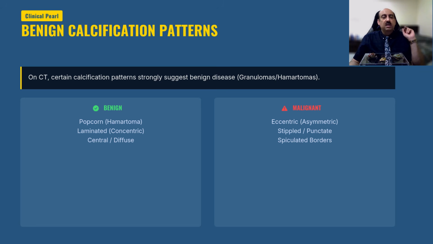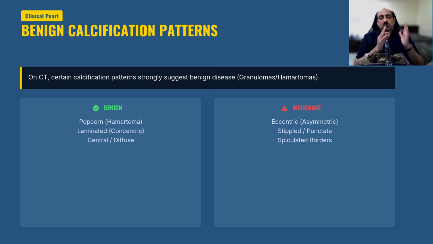Now, a clinical pearl: some of the radiological calcification patterns indicate a benign etiology, like the popcorn appearance suggestive of hamartoma, a laminated pattern, which is more of a concentric layered pattern, or a central or diffuse pattern of calcification.